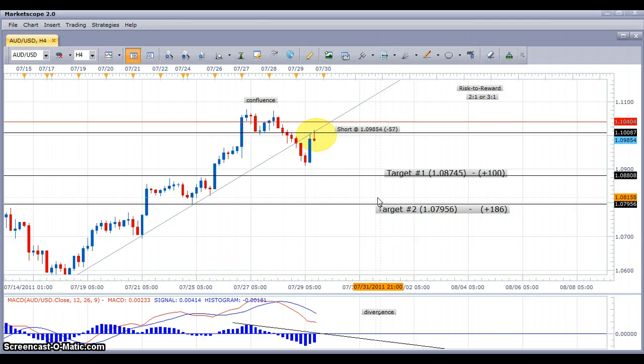So I wrote confluence there. As you can see here, I've got the MACD down here as well, and the MACD showed a little bit of divergence last week. Divergence is anytime you've got a negative signal on your oscillator, meaning although we came up and tested the 110.7 level again on this double top, we did it on a much lower scale on the MACD, which is a sign of weakness.